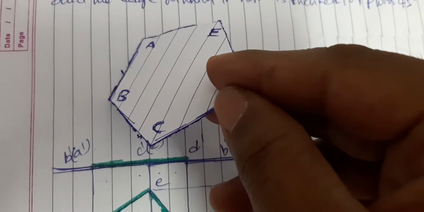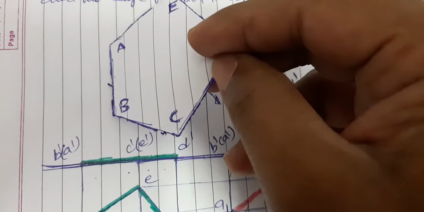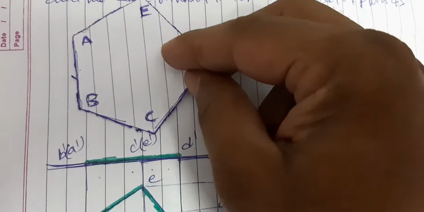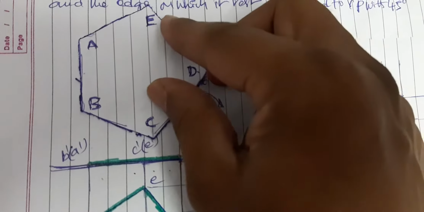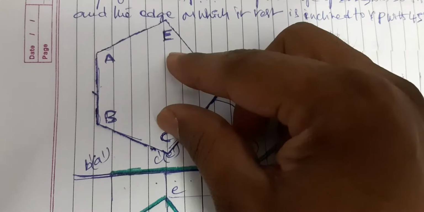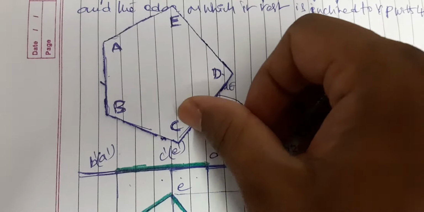So to draw the projections, first we need to go one step back, and after that again one step back, meaning you need to place the plane like this. When it is placed on the horizontal plane like this, what is its top view? You'll get the pentagon, right?